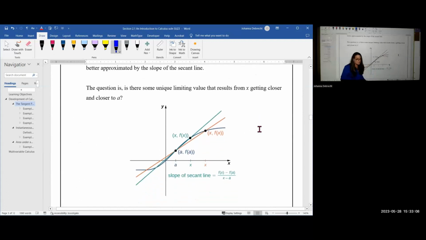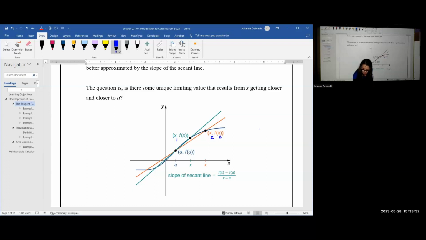Now, if you look at this graph, you can see that we did take another point closer to A. And notice, compare the lines here. We have this orange line, and then we have this teal colored line. Not a great choice of colors, but anyway. So let's call this one x2, f of x2.